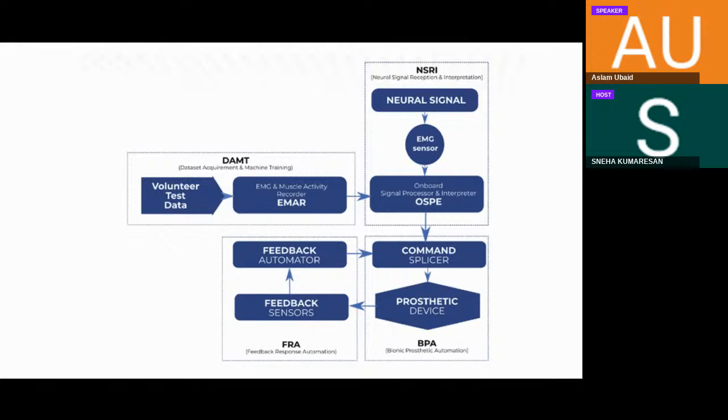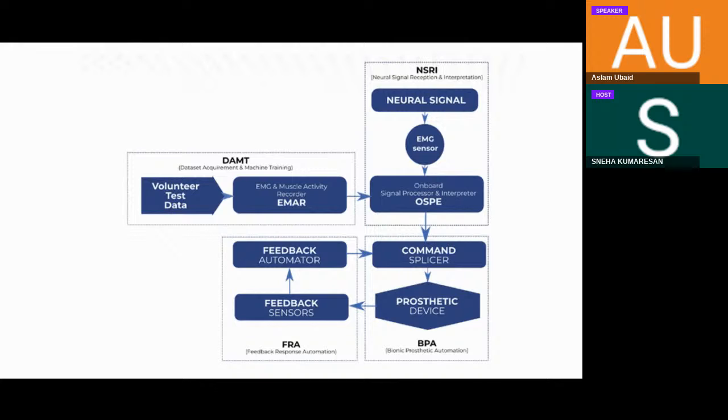This neural signal is then fed into the onboard signal processor and interpreter, which could be a Raspberry Pi computer, and these signals are then given into the command splicer, which is also another computer or the same computer.